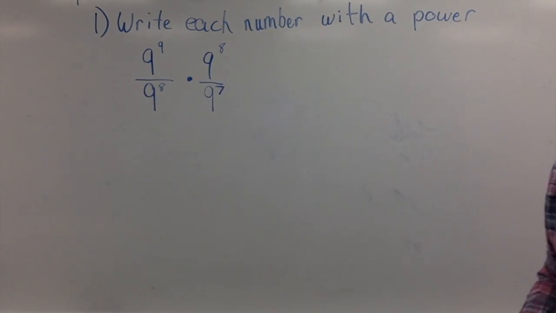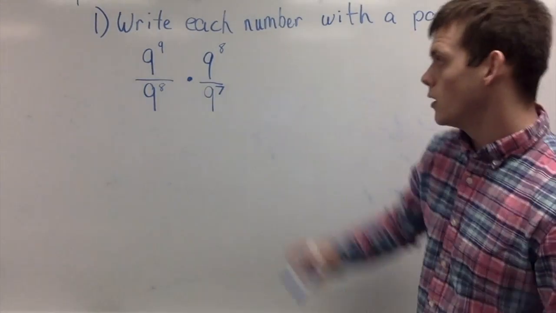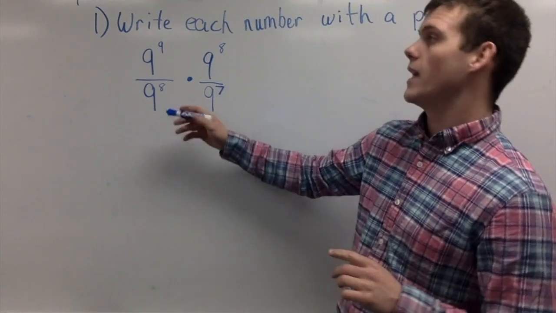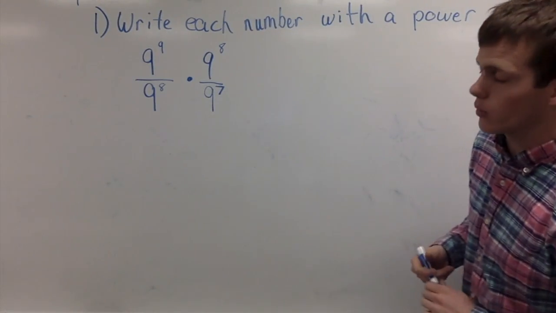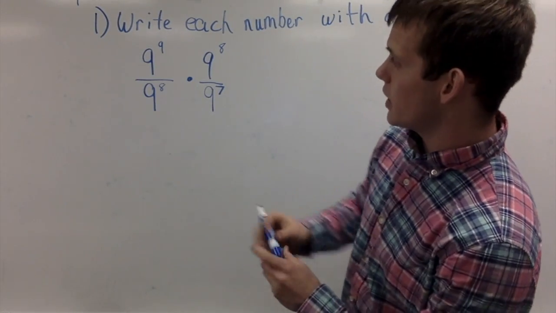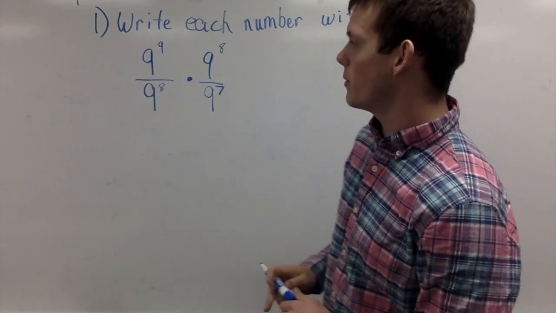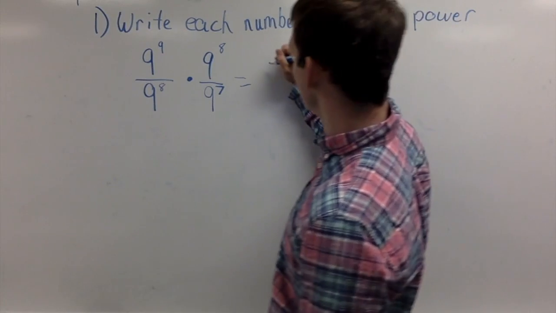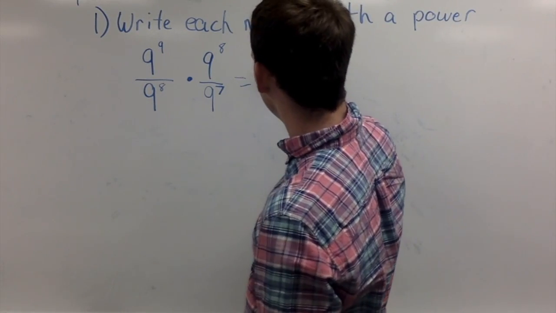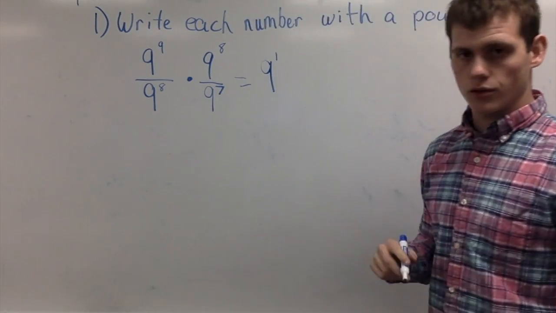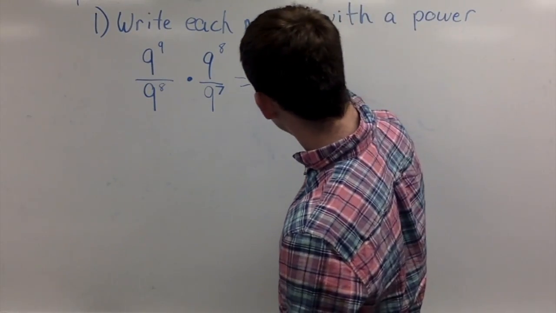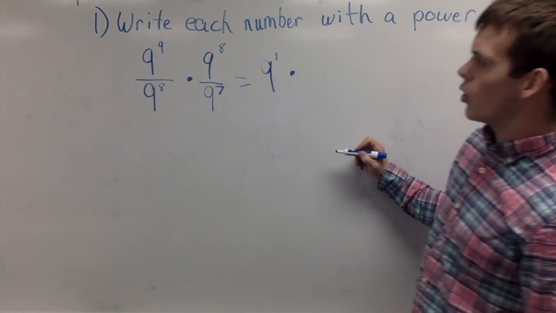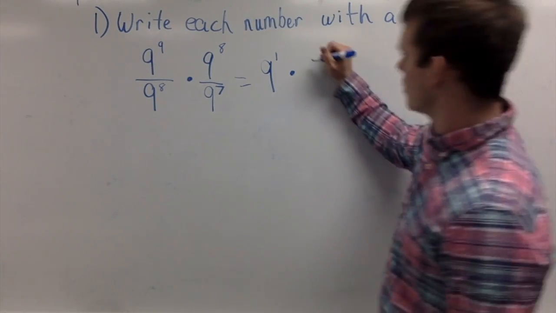So for these problems, all we're going to do is do our quotient of powers first, and then our multiplication of powers. So we're just going to take 9 to the 9th divided by 9 to the 8th, subtract our exponents, we get 9 to the first times 9 to the 8 over 9 to the 7th.